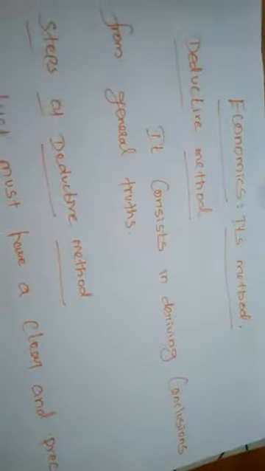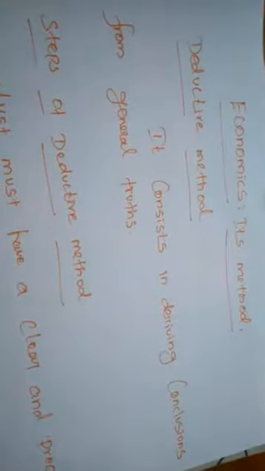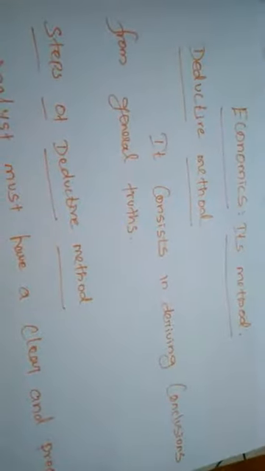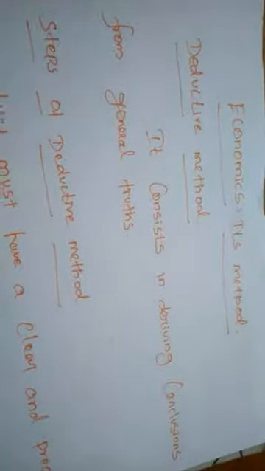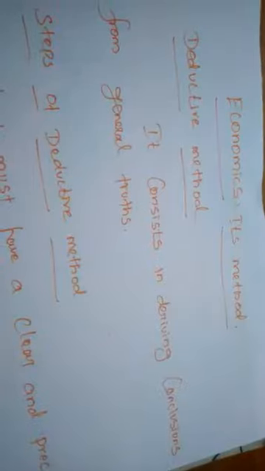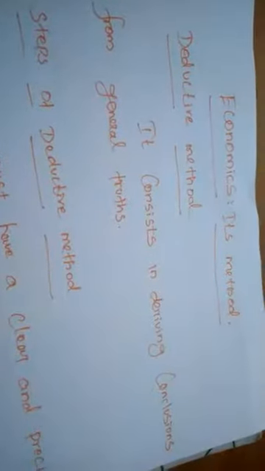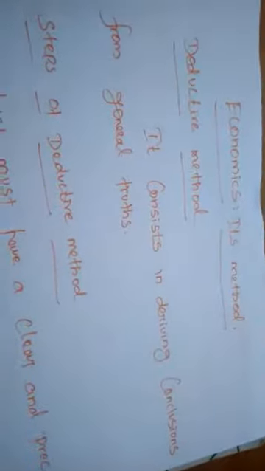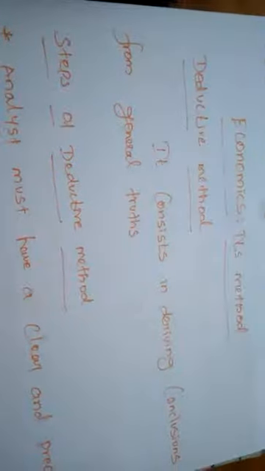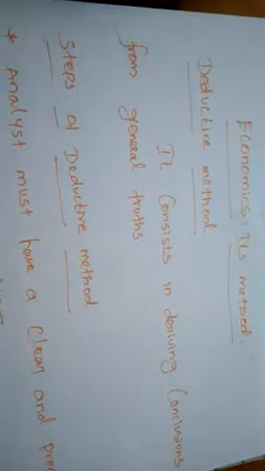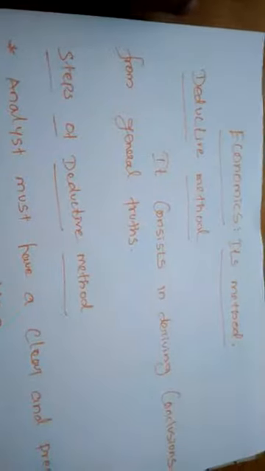For example, the demand for goods is increased or decreased when the price changes. Whenever the price is increased, the demand for that commodity will be decreased. On the basis of the deductive method, we can draw the conclusion that there is an inverse relationship between the price and the demand for the commodity.